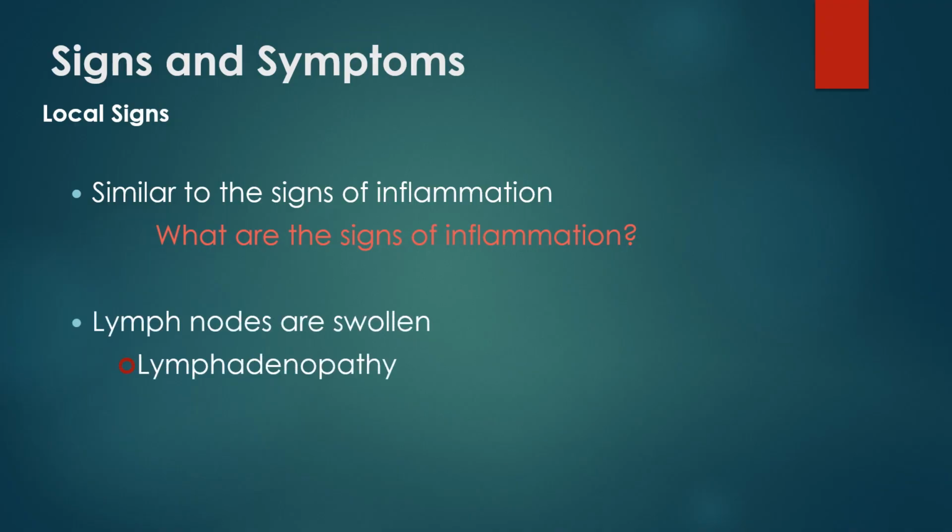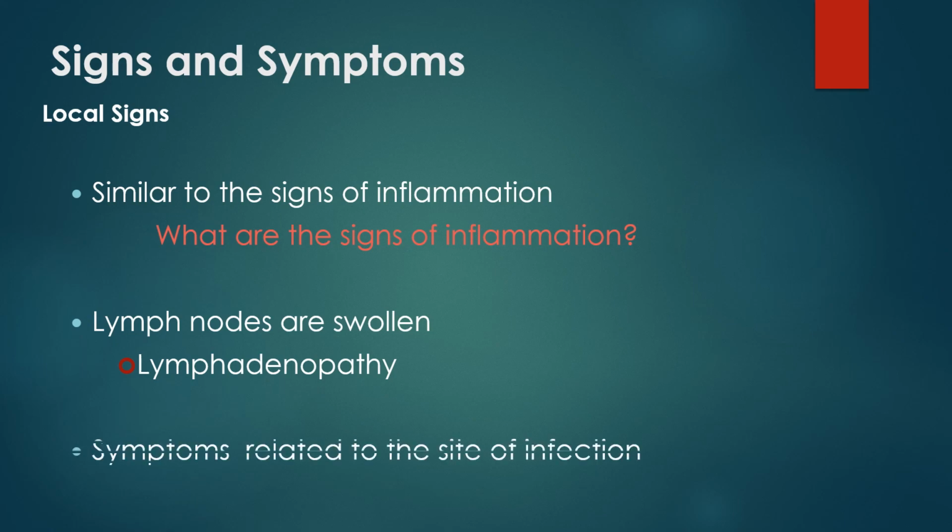Okay, also you might have your lymph nodes swollen, or lymphadenopathy, depending again on where the infection is. So if you have a strep throat infection, then you're going to expect to have swollen lymph nodes in the neck, for example, or cervical lymph nodes are going to become swollen.